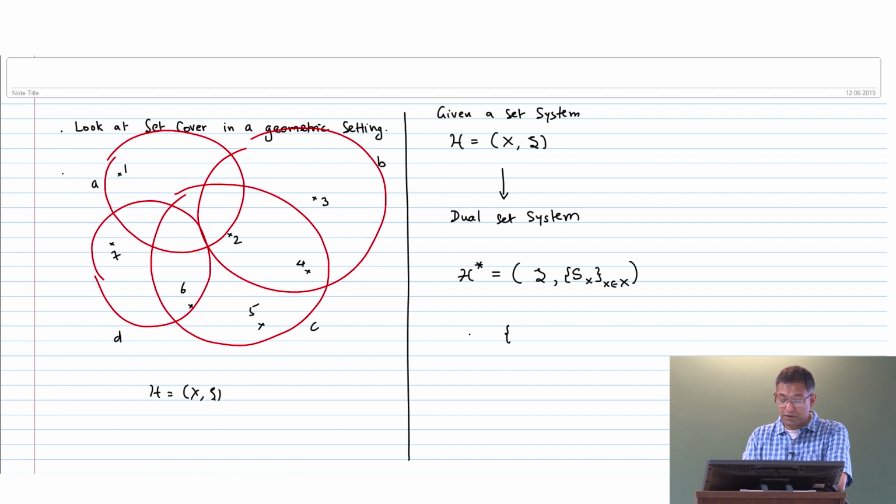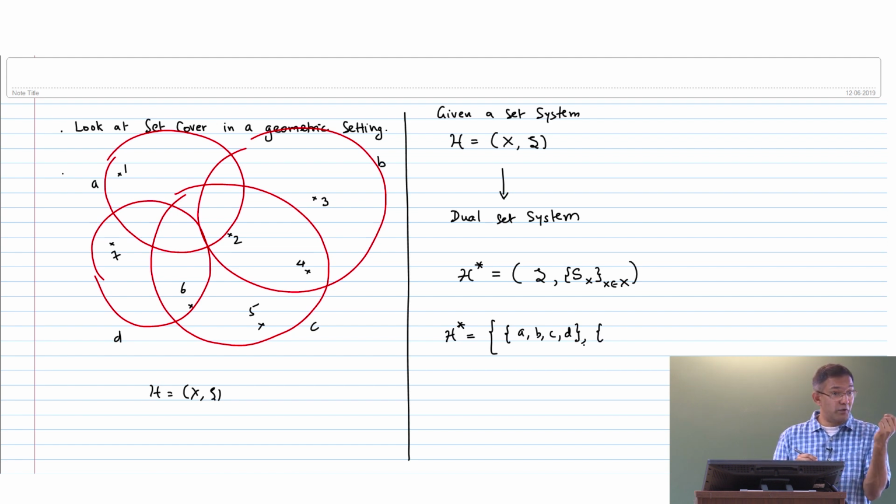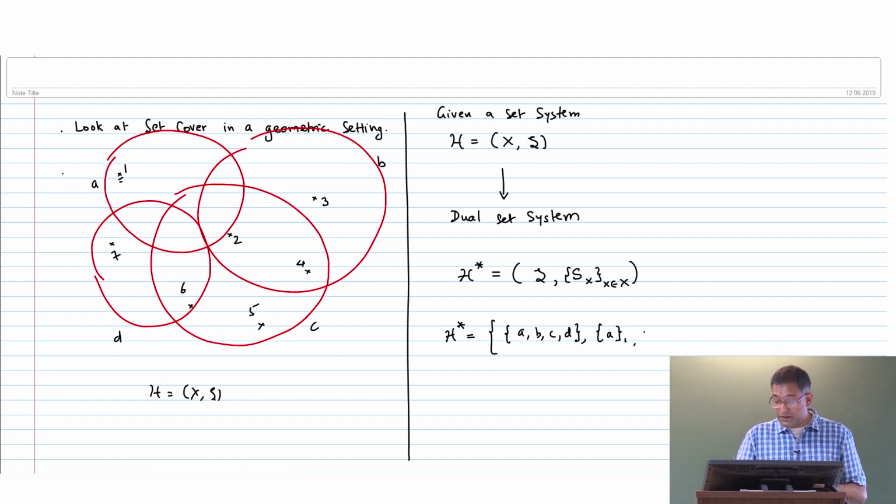So H star consists of the disks A, B, C, and D, and the sets correspond to, for every point, the collection of sets that it contains. So 1 is only in set A. This is the set corresponding to 1. The set corresponding to 2: 2 is in the disk C and the disk B. So this is B comma C.